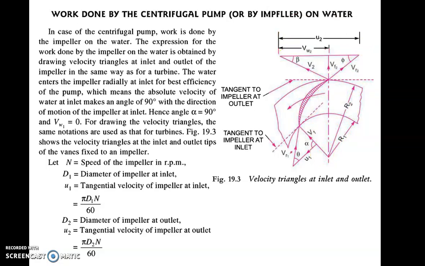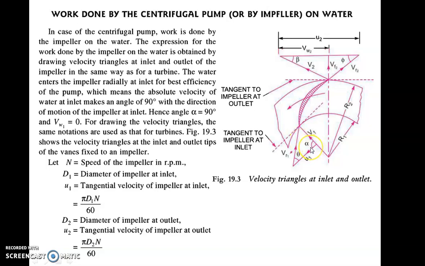If you remember the Francis turbine, this was the outlet velocity triangle, while in this case this is the inlet velocity triangle. And the inlet velocity triangle for the Francis turbine was like this, but now in this case the outlet velocity triangle is this. So this is completely opposite. In the turbine there was VW2, which was 0 for the Francis turbine, but here it is at the inlet, that's why VW1 is 0.